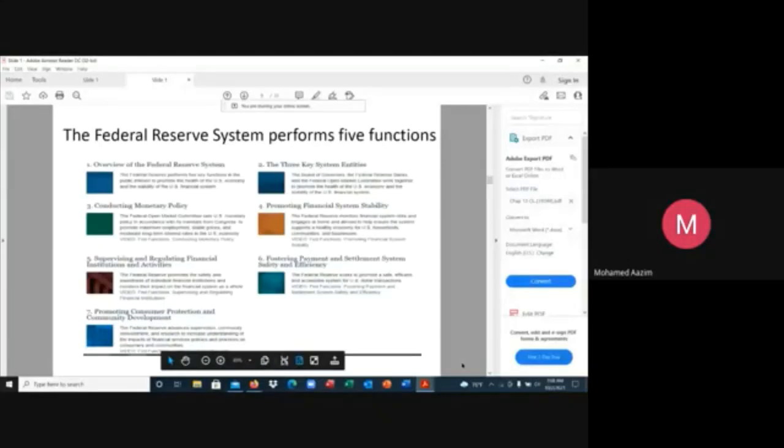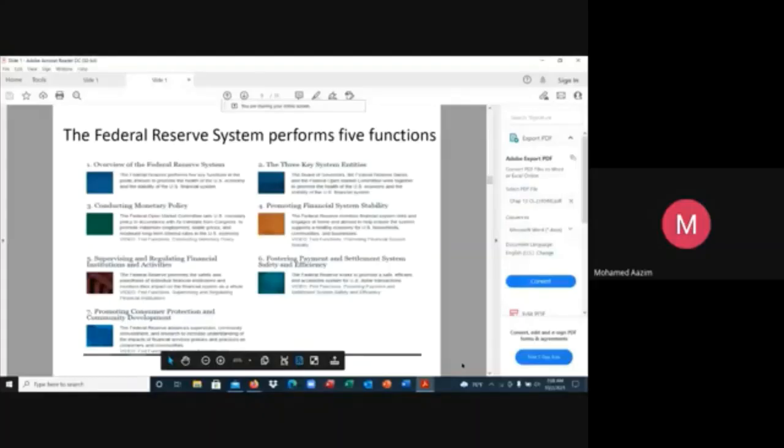We looked at the overview of the Federal Reserve System, and of course the three key system entities: the Board of Governors, the Federal Reserve banks, and the Federal Open Market Committee. We discussed that too. Conducting monetary policy is a very important and main function of central banks all around the world, right?